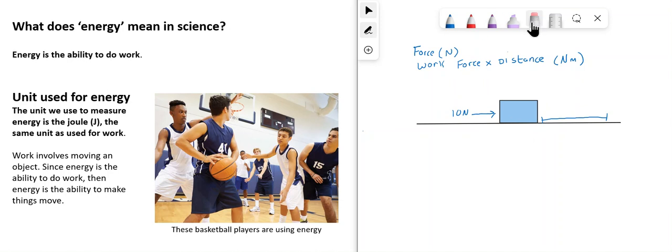Let me just change that actually. We apply a force of 1 newton and we move it a distance of 1 meter. So a force of 1 newton and we make it move a distance of 1 meter. The work done would be 1 newton meter, and 1 newton meter is equal to 1 joule.